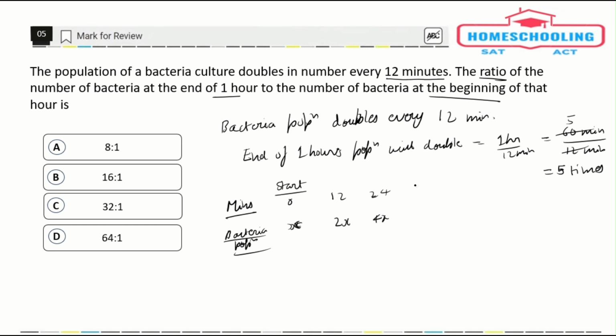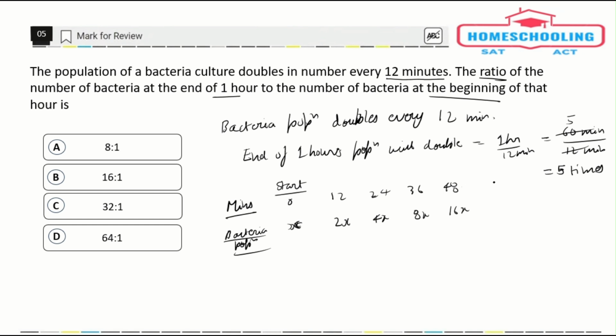Then in the next 12 minutes, that would be 24 plus 12, 36 minutes. The population doubles again, so 4x into 2 would be 8x. Then after another 12 minutes, 36 plus 12, that would be 48 minutes. The population doubles again, so 8x into 2 would be 16x.